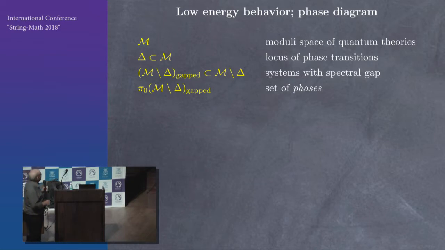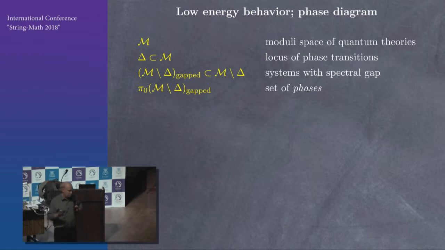And in fact, we wanted really from the beginning only to consider gapped systems, quantum systems with an energy gap. And so we should consider these gapped systems where we throw out the points where there are phase transitions. So what's left could be thought of as the nice kinds of spaces.